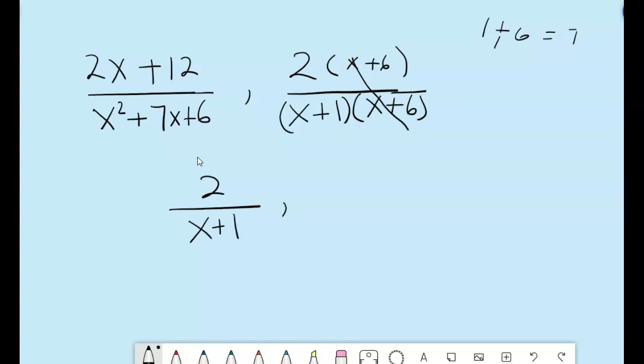And then we say that x cannot be equal to -1, because if x is -1, it becomes 2 over 0, which is undefined. So that's the reason why we give that condition. It's not really required though, but as mathematicians, we have to know all that kind of stuff.